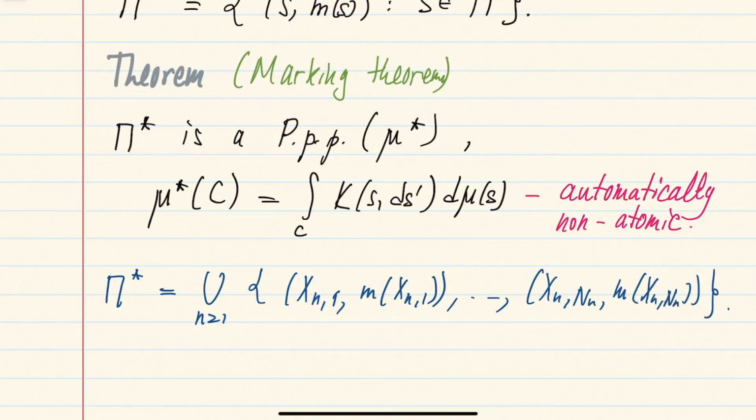If you look at this union, of course, again it looks like a Poisson process, right? Because this number capital N is still Poisson, and so we only have to look at this particular pair here and say what is the distribution.